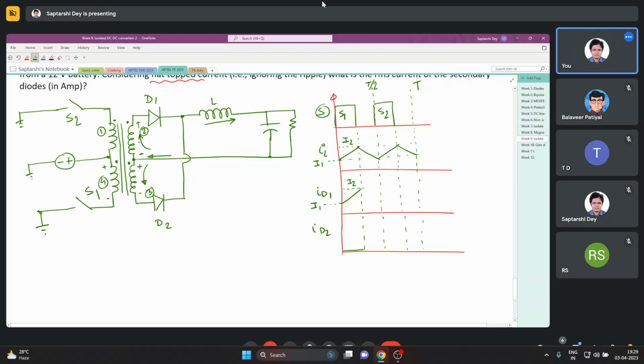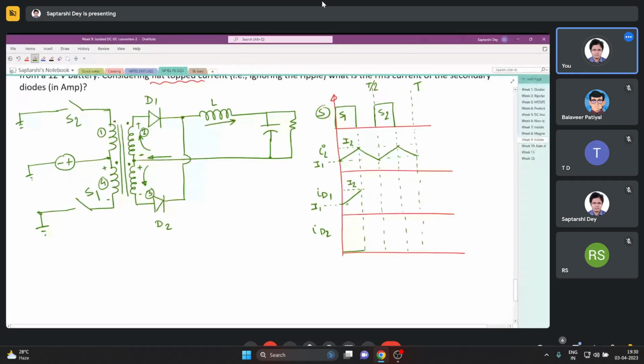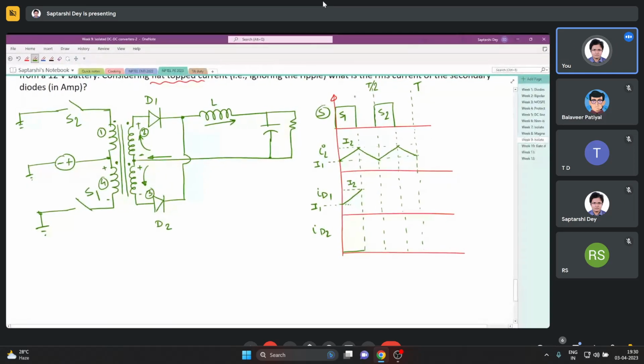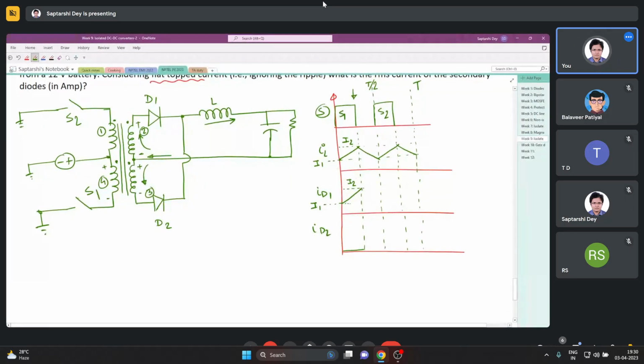So this flow of inductor current through the transformer windings does not cause any change or disruption in flux in the transformer core, because flux of one winding is cancelled by that of the other. Now if you see the diode D1 current, it was carrying the full inductor current up to this point. Now after I turn off S1, the current is suddenly halved, because it is now being shared between D1 and D2.